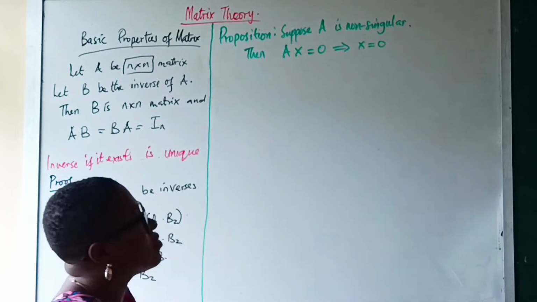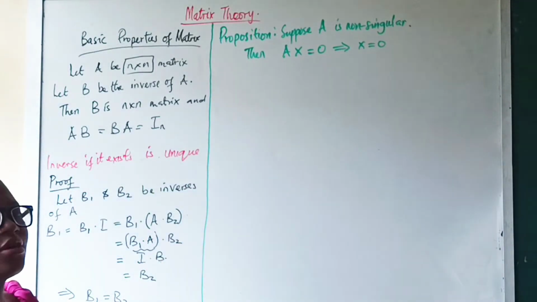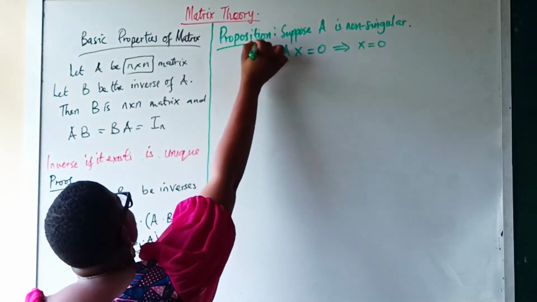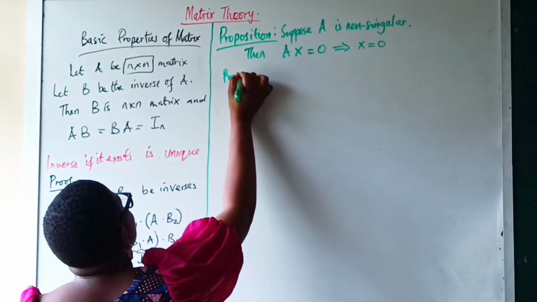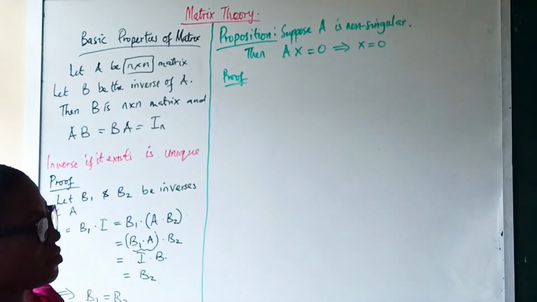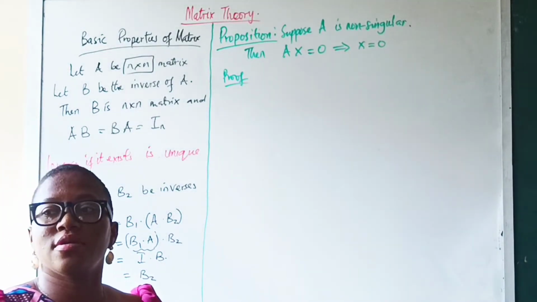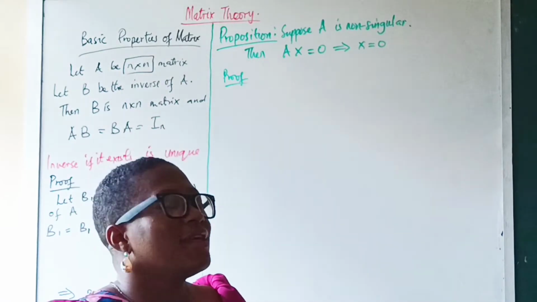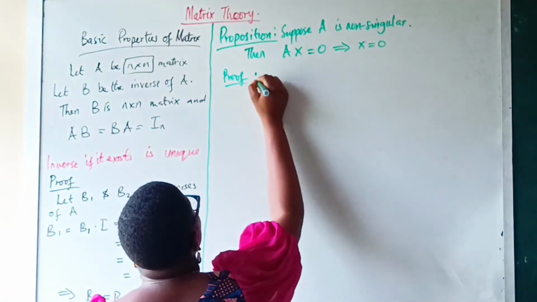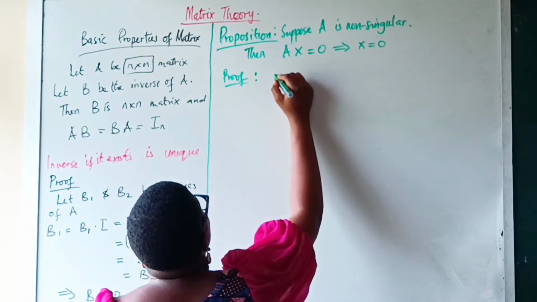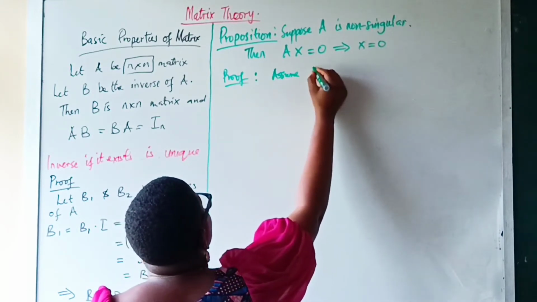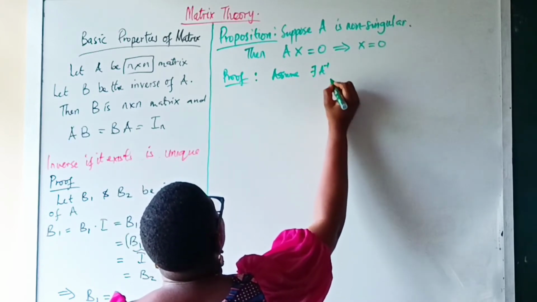I'm going to prove it, but you should help me. Suppose A is non-singular. Proof. So what do we know? We know that A is non-singular. What does it mean for A to be non-singular? It has an inverse. So assume that the inverse exists. That means there exists an A inverse.